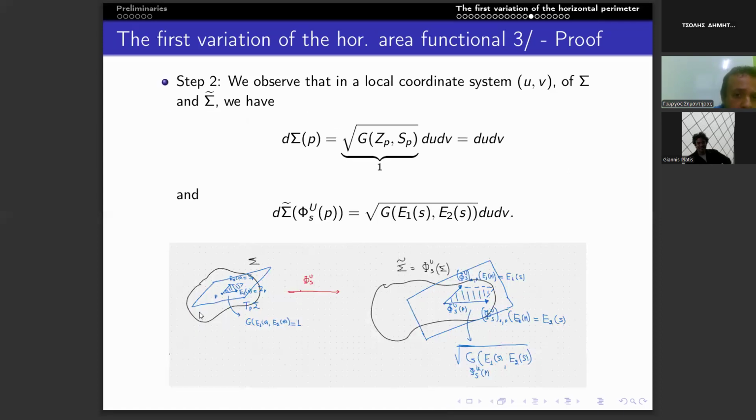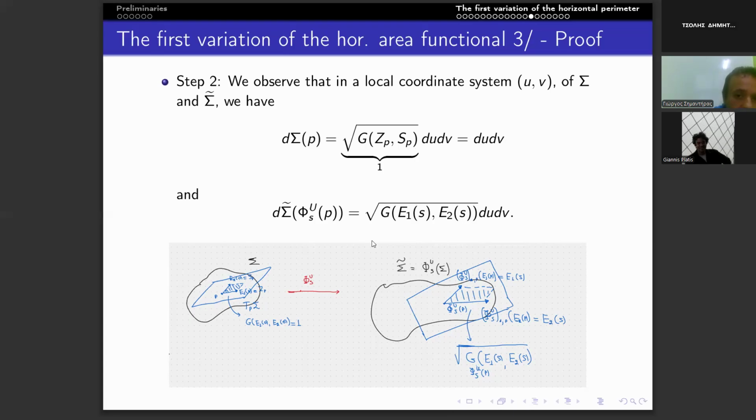In the second step, we observe that the surface area measure here for the surface sigma can be described in a local coordinate system by this formula, because we start with an orthonormal basis here.